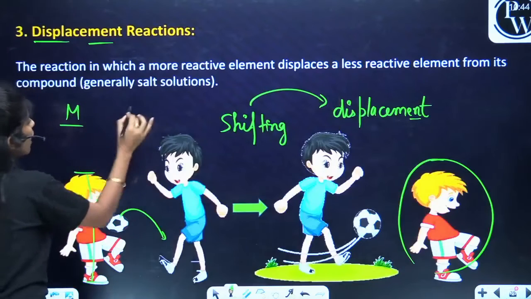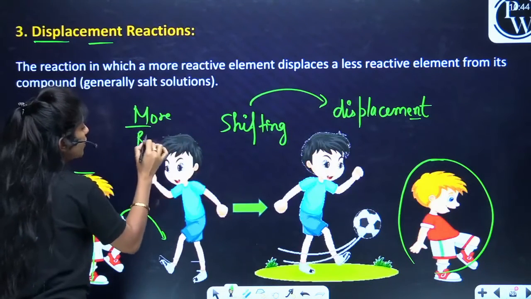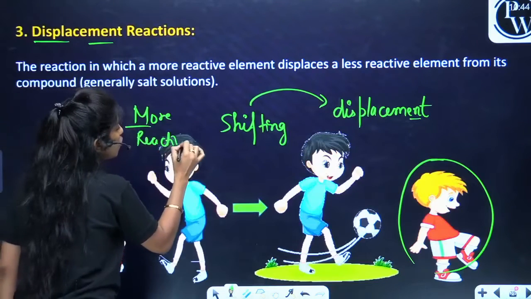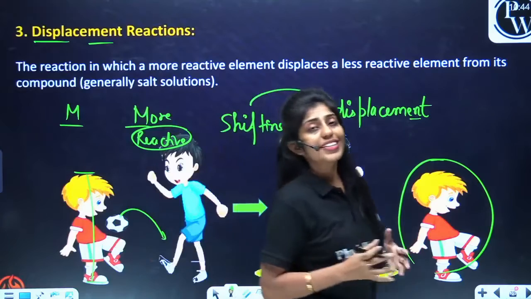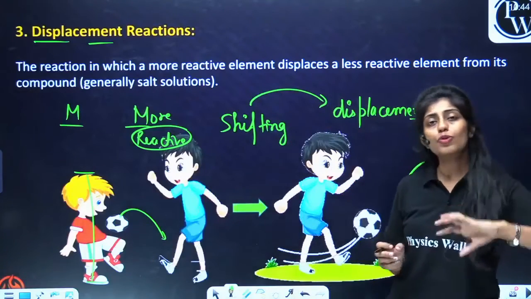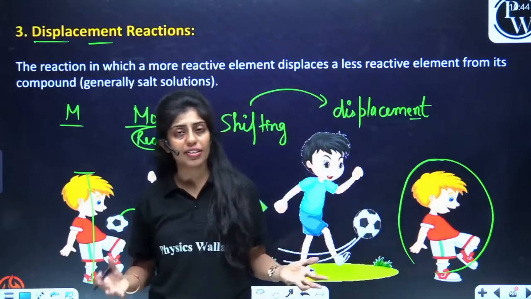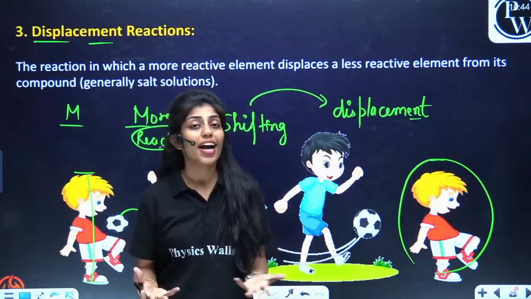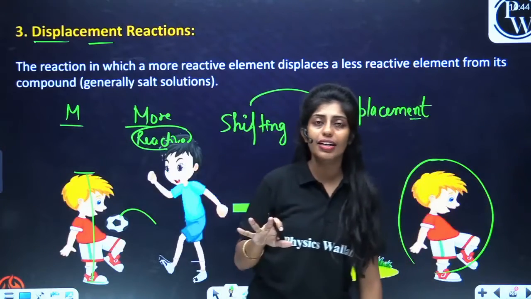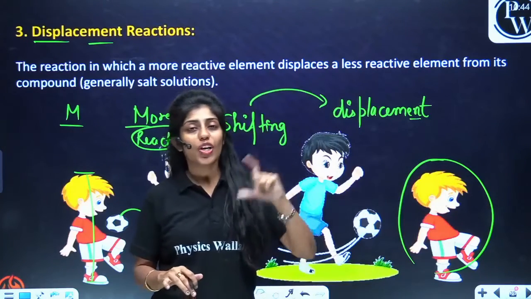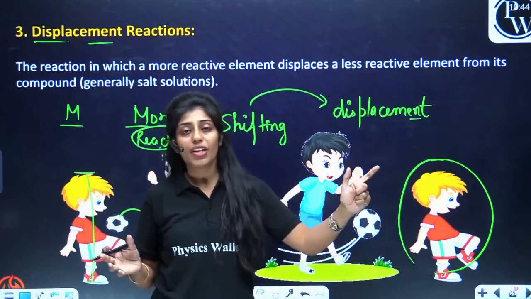In terms of metals, the more reactive metal, see, metals are supposed to lose electrons. The metal which loses the electron faster is known as the more reactive metal. In class every student is studying, but we call toppers those who get full marks. So they are more reactive.